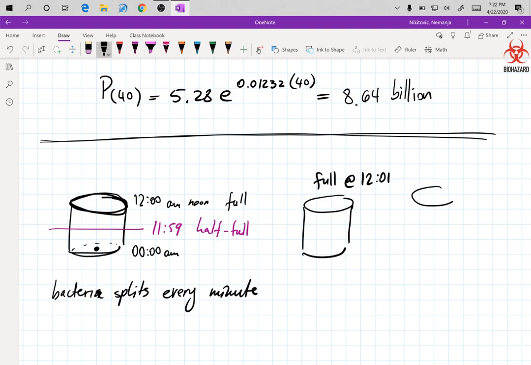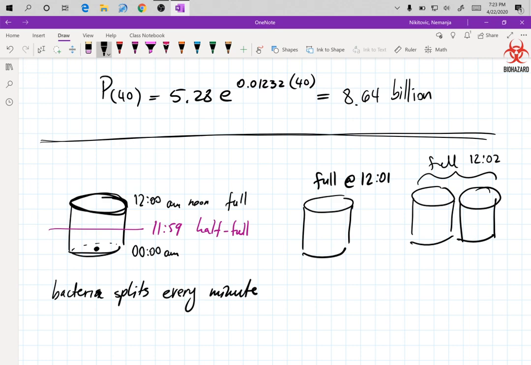And when you find another two jars, these two will be full at 12:02. See, just 1 minute. This is called exponential growth. This is why you heard, oh, it grows exponentially. Even the people that don't understand what exponential growth means still use it because they just know it's a lot.